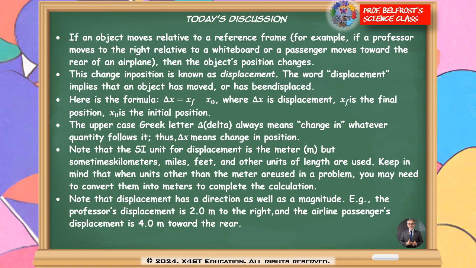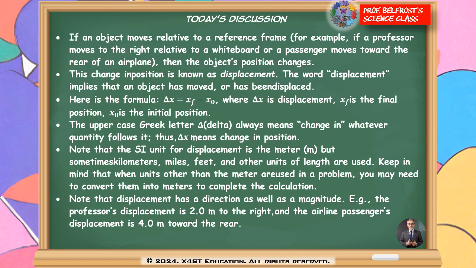You can take y for a change in position on the y-axis, z for a change in position on the z-axis, or any other letter that best suits you. But in this case, because we only describe linear motion along the x-axis, we will consider only delta x, x_f, and x_0. x_f is the final position, x_0 is the initial position.